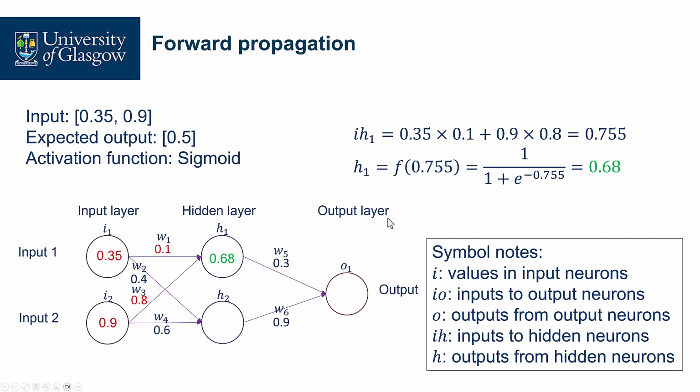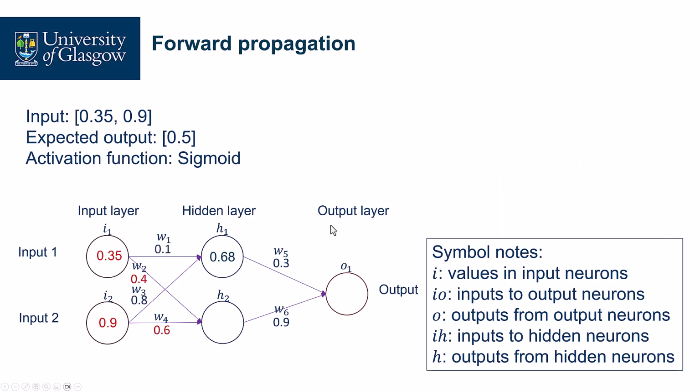Then we will see H2, right? Following the same way, for H2, first we get the input of H2. We also have two routes. One route is from I1, and the other route is from I2. So we can see I1 multiplied by W2 to here, and I2 multiplied by W4 to here, right?